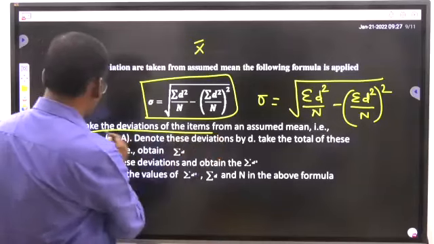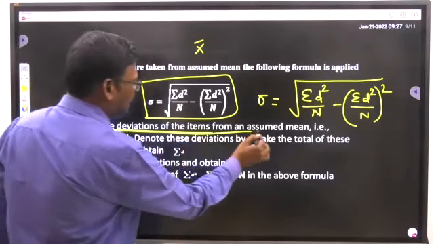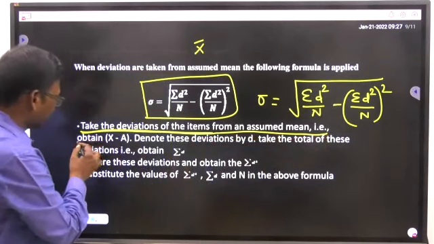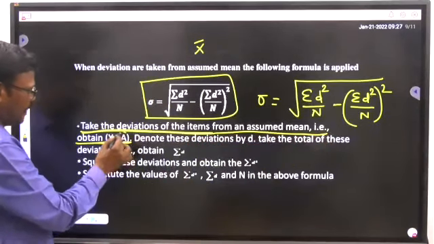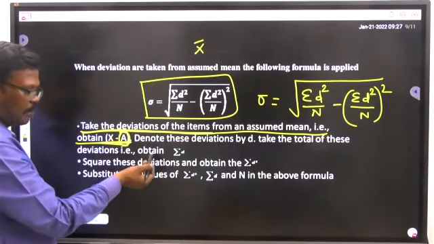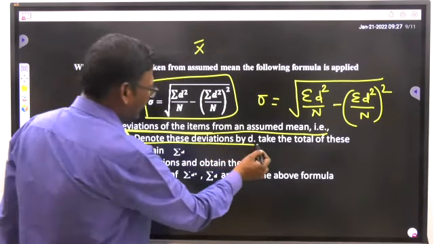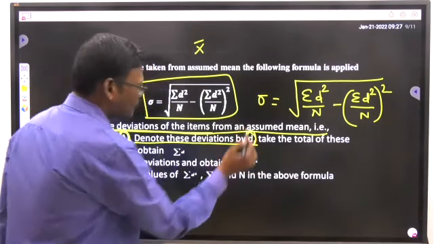Take the deviations of the series from the assumed mean, that is, obtain x minus a. A means assumed mean, we can say x bar. Denote these deviations by d.